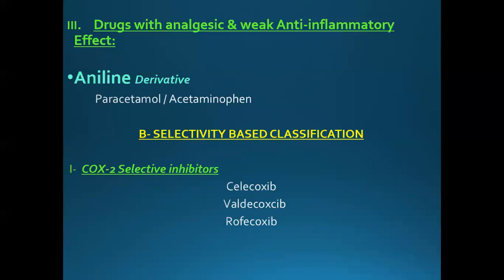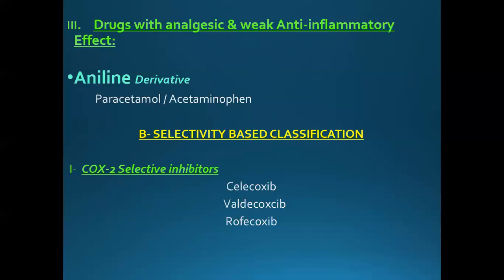Now, the other classification is based on selectivity. Some of the drugs will be COX-1 inhibitors. Selectively, they act on COX-1 enzymes. The other group of drugs will act upon COX-2 only. They will be selective only for COX-2. However, we also have mixed action of drugs on both enzymes, COX-1 and COX-2, so they are not selective.